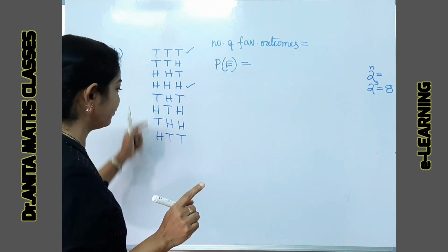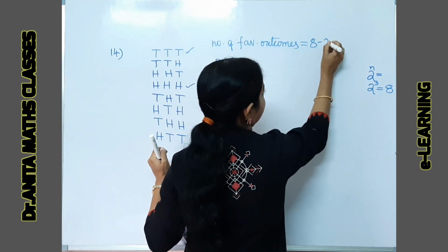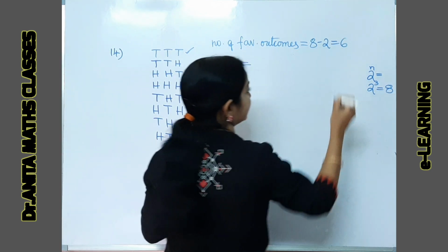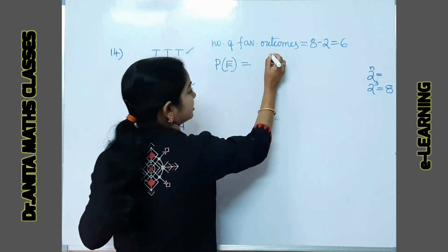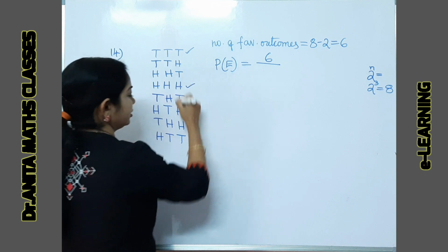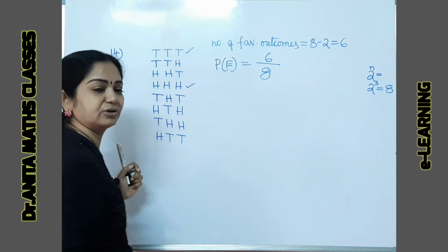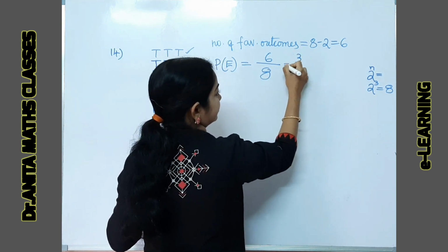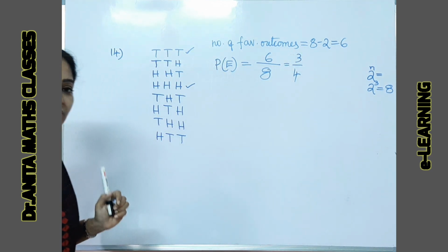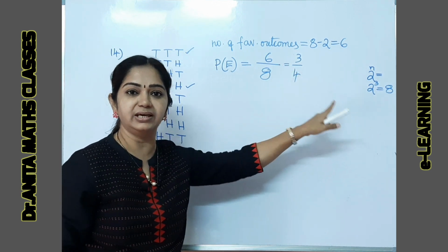Losing means out of 8, if you take away 2, you get 6. 6 is the losing possibility. So the favorable outcome is 6 upon total outcomes 8. So 6 upon 8, if you cancel it by 2, 3 by 4 you get. 3 by 4 is the probability of Deekshita losing the game.